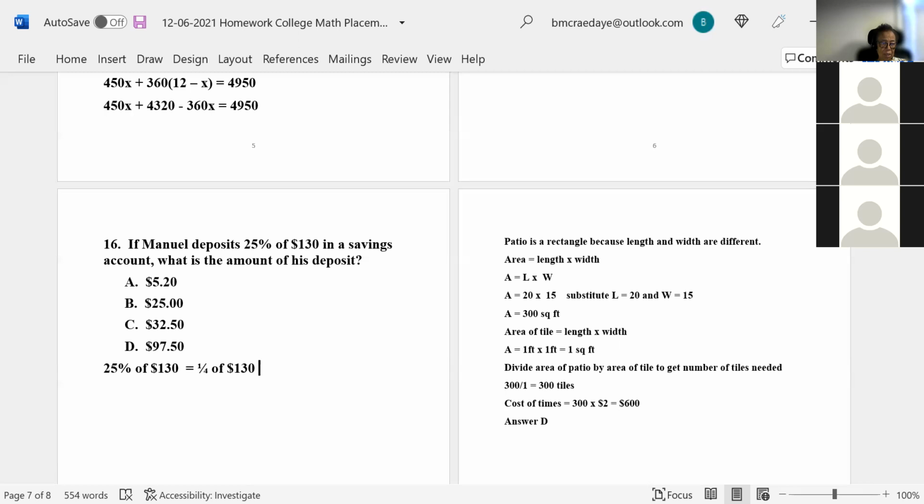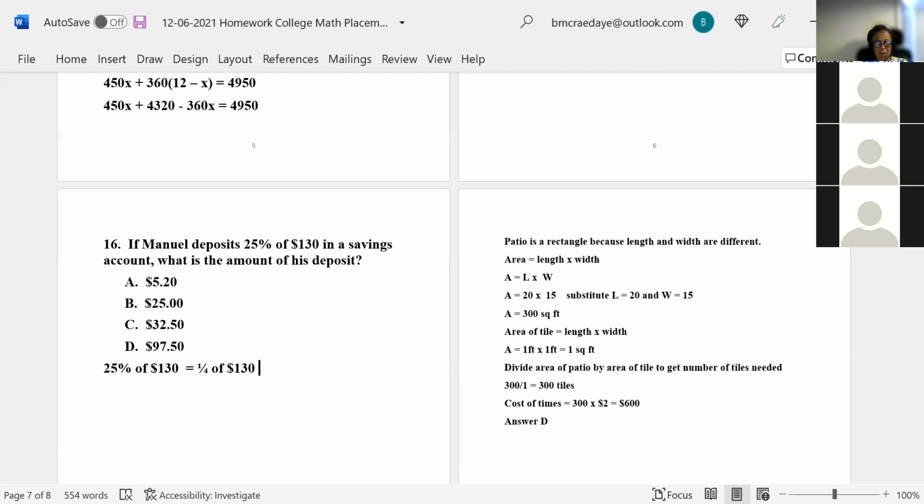You could do mental math actually. 4 into 30 goes... 130 divided by 4.